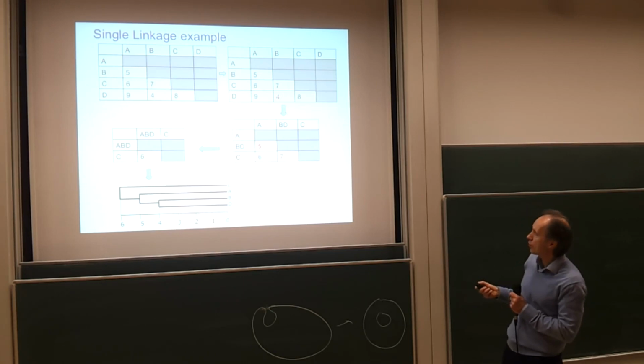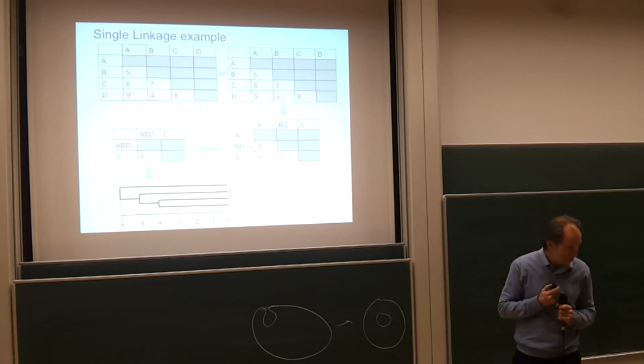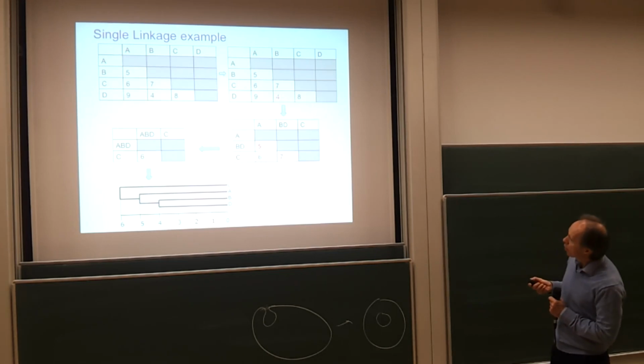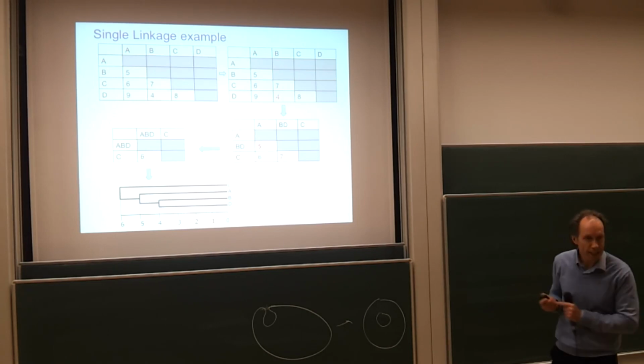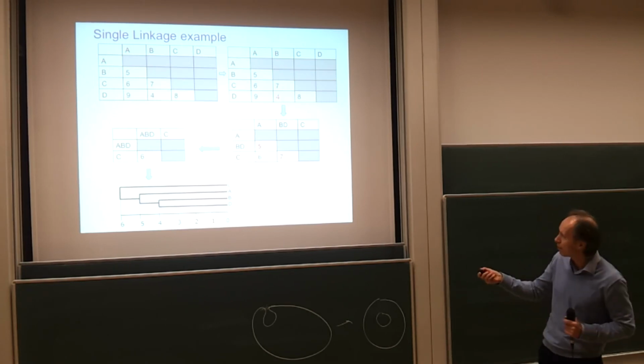Why is the distance between the point A and the cluster BD 5 under the nearest neighbor assumption? Why is that? If you know that, then you understand. Okay, what do you do? You evaluate the distance from A to B. What is that? Can you look it up? It's here, 5. And the distance from A to D. What is that? 9. What's the smallest? 5 or 9 is 5. You put 5 in, right?